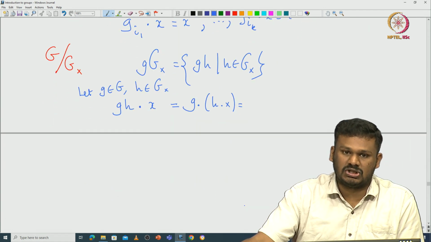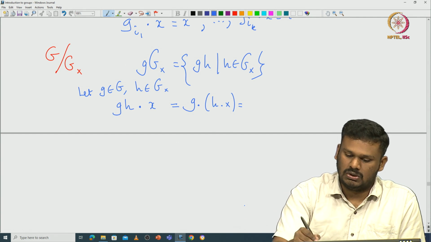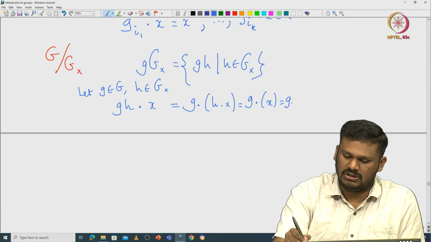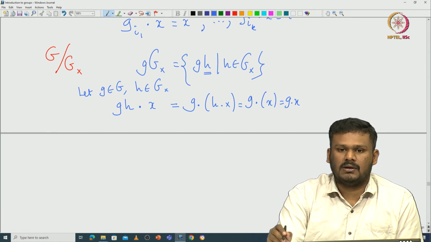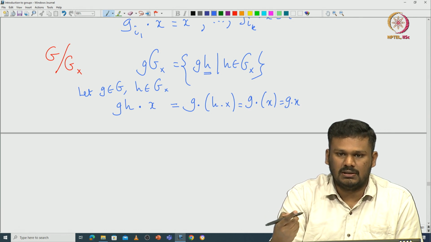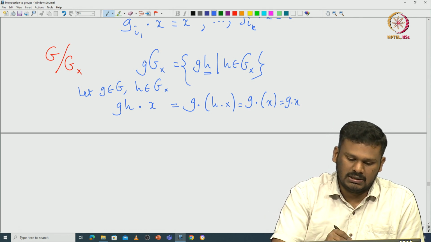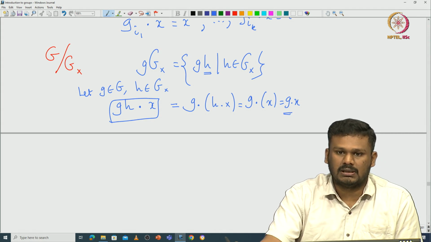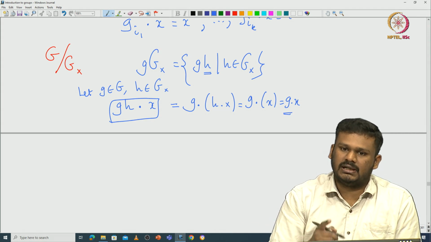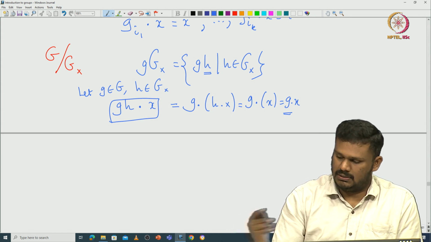It is x, because h is coming from the stabilizer. So then this is exactly g dot x. For all this h, once I fix small g, then gh dot x is just g dot x. That means the entire coset is mapped to only one element.